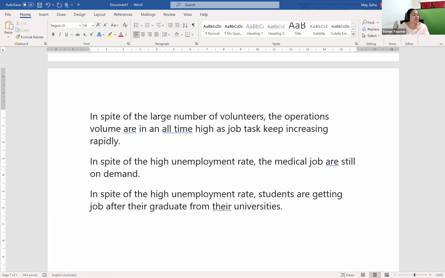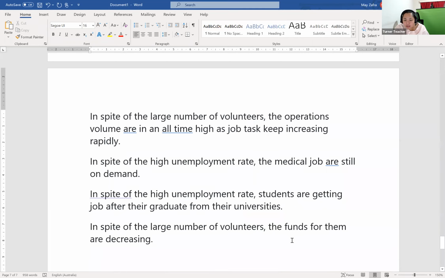All right. Is there anyone else? In spite of large number of volunteers, the funds for them are decreasing. Yes, good. In spite of the high unemployment rate, students are getting jobs after they graduate from their universities. Yes, beautiful. Good, good. Well done. In spite of the high unemployment rate, yeah.